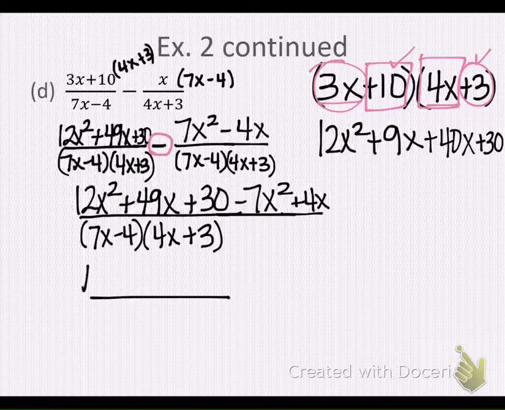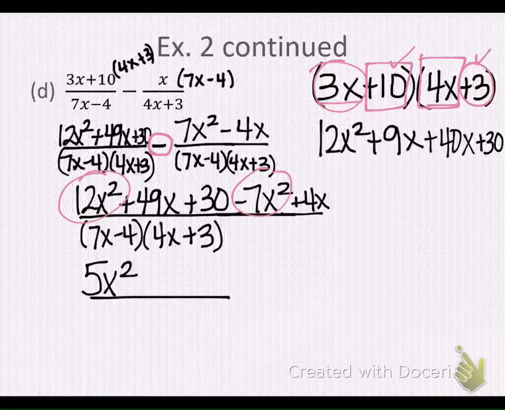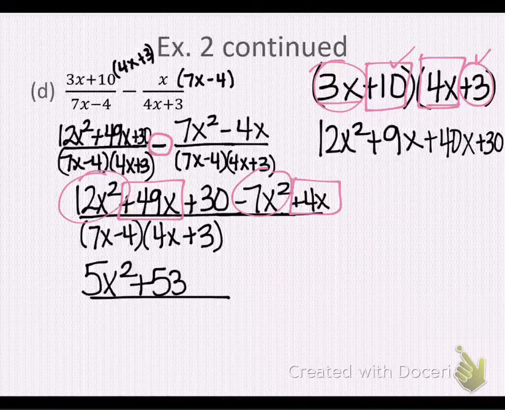We have 12x squared and what's its like term? Negative 7x squared, which gives me 5x squared. I've got 49x and 4x, which gives me 53x. And of course, plus 30 just comes down.